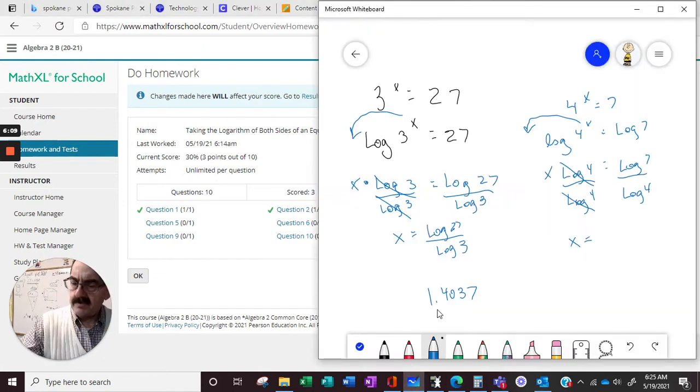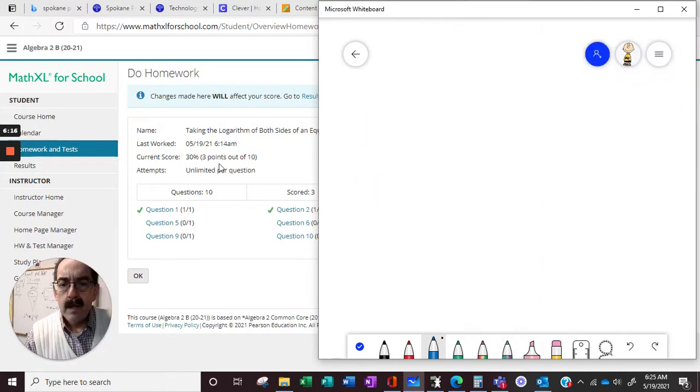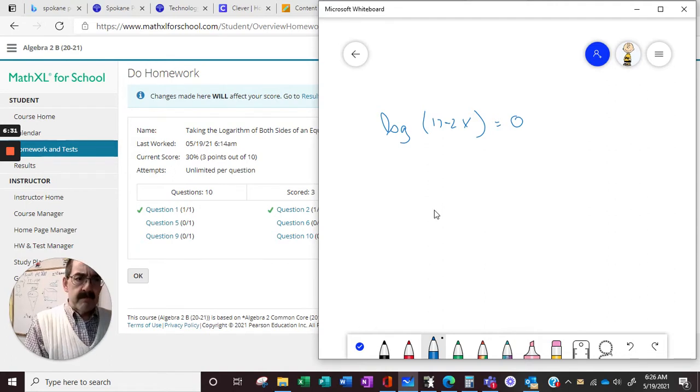Okay, let's try that. The problem we had was something like the log of 17 minus 2x equals 0. Now, in earlier videos, we took the logarithm of both sides, like the 3 to the x equals 27 idea.